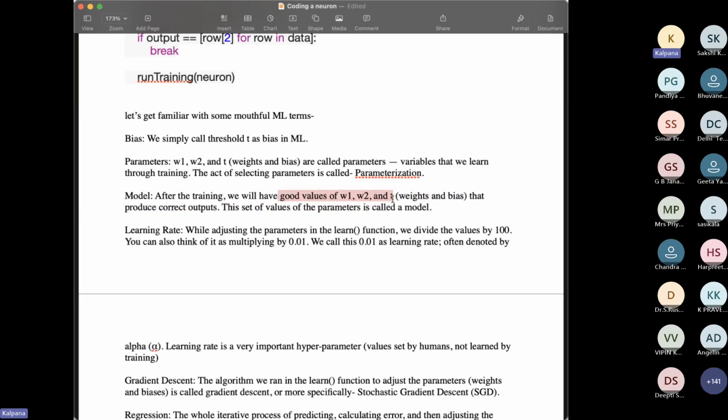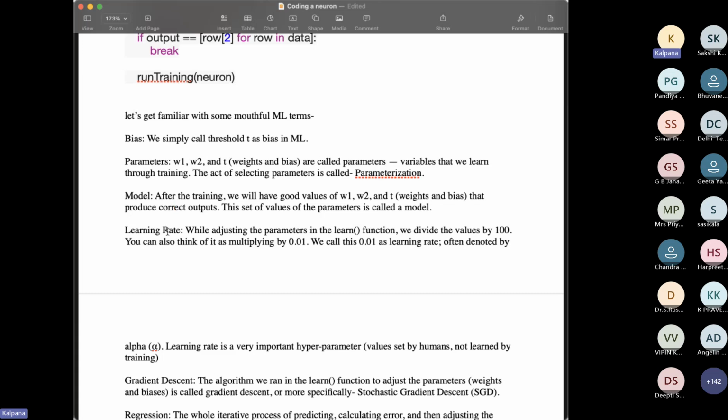So what happens in the learning process? During the learning process, optimal weights are assigned to the parameters. Is it clear? The set of values of the parameters is called the model. So after the model has been trained, you will get the set of values, right?